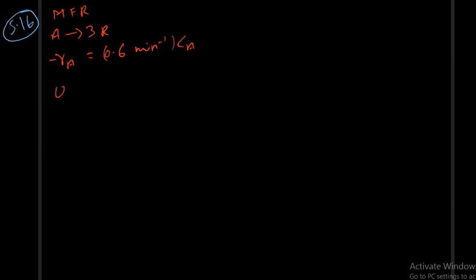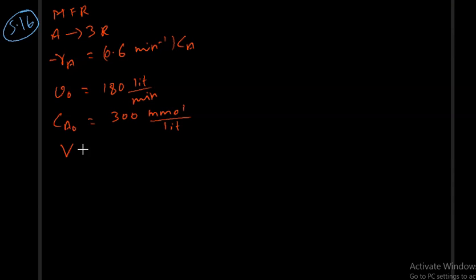So other data given, V naught is equal to 180 liter per minute and Ca naught is equal to 300 millimole per liter.